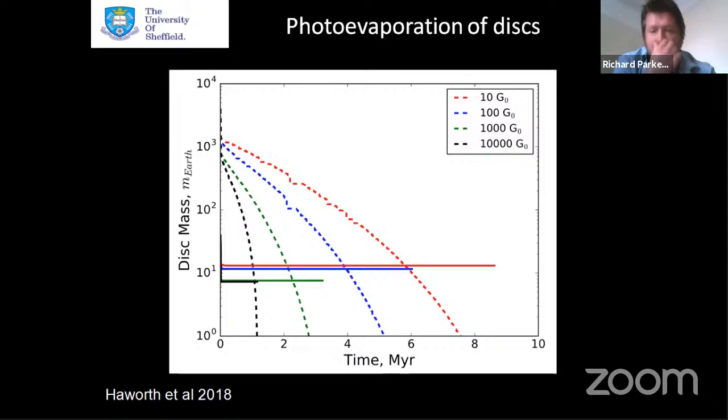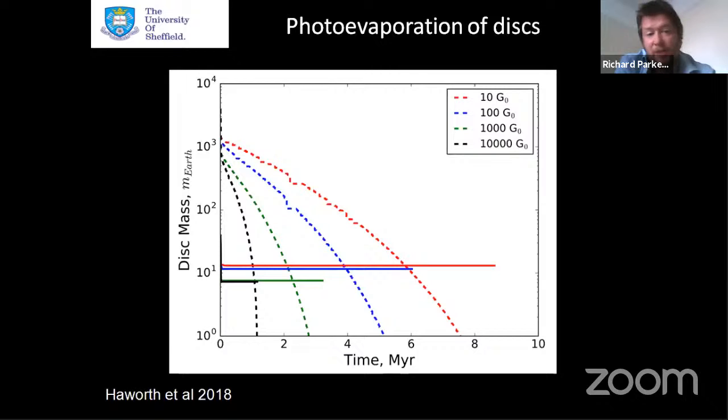And so the main feature of Tom's models, and I'm sure Tom can correct me if I'm misrepresenting it at all, is that the gas content in these disks is readily destroyed for relatively modest radiation fields. You only need a few OB stars to have a very destructive radiation field that's in some cases thousands or tens of thousands of times higher than the radiation flux in the interstellar medium.